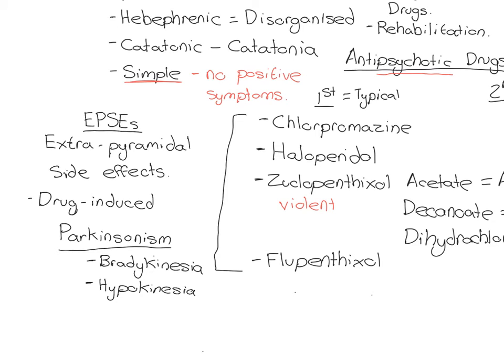Okay, so those are the key side effects of the first-generation antipsychotic drugs. The extrapyramidal side effects, and the major type of extrapyramidal side effect is drug-induced Parkinsonism, where you end up having very slow movements, very difficult to initiate movements, and therefore you end up moving around very little.